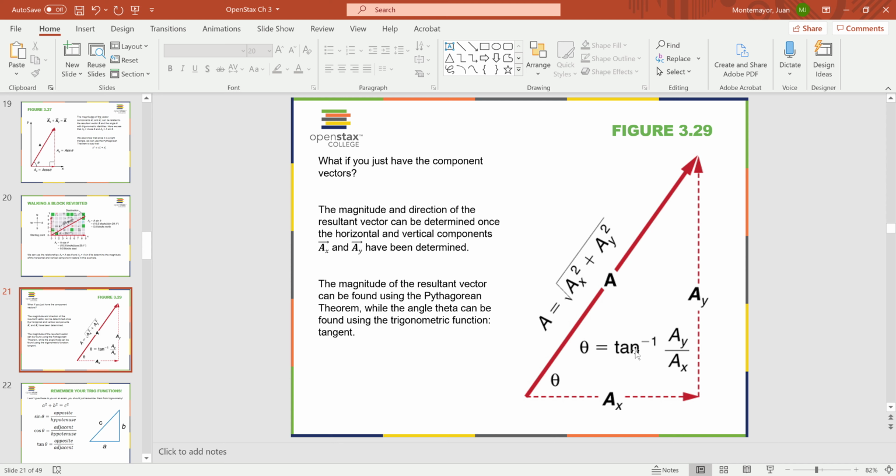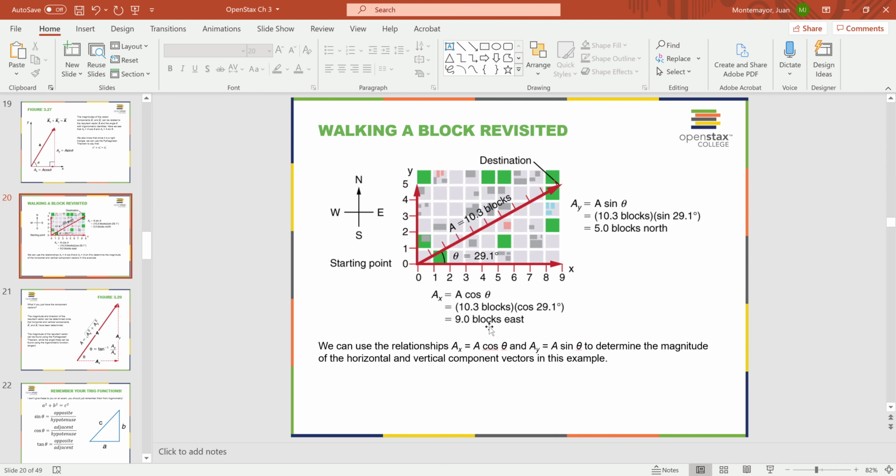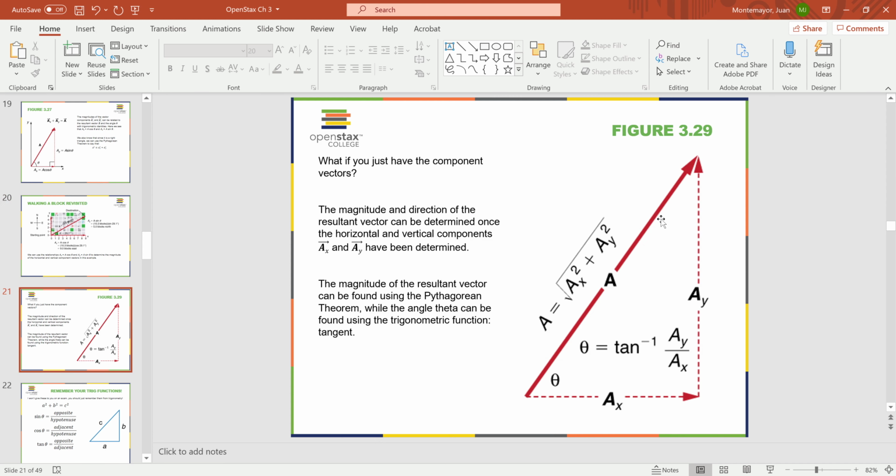So the other two, if you look carefully, you only have your cosine and sine. This -1 here means that you're using your inverse tangent formula here. So for your angle, for your theta, you are going to use inverse tangent of your y component over your x component. And that's how you solve for your angle.